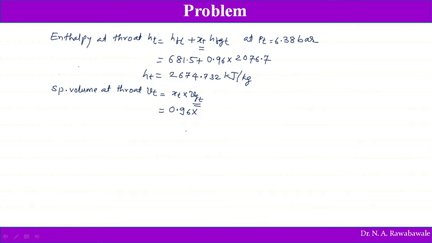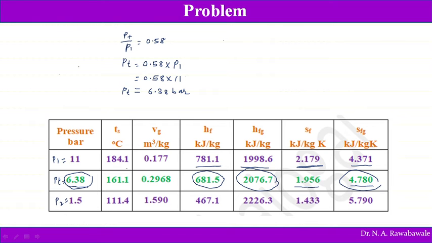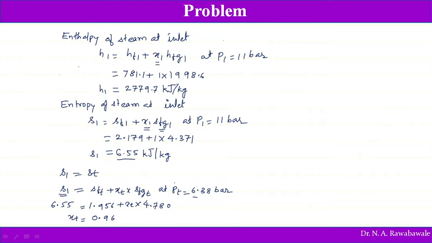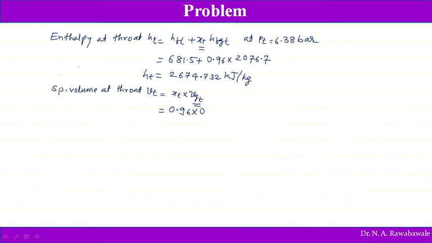Specific volume VGT at pressure of 6.38 bar is given here as 0.2968. On calculation we get specific volume at throat as 0.2849 meter cube per kg.